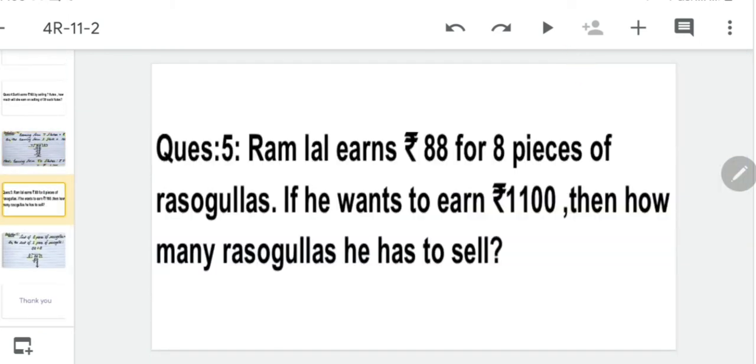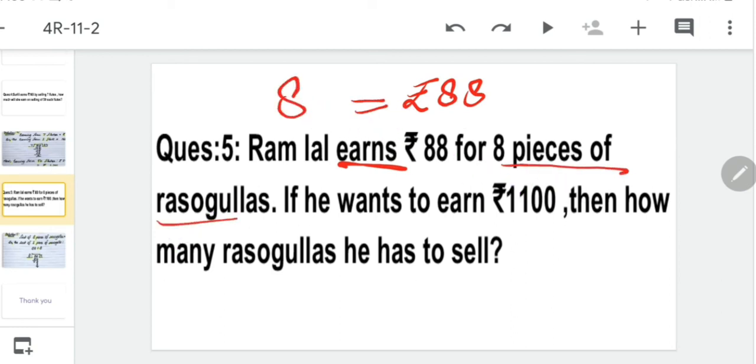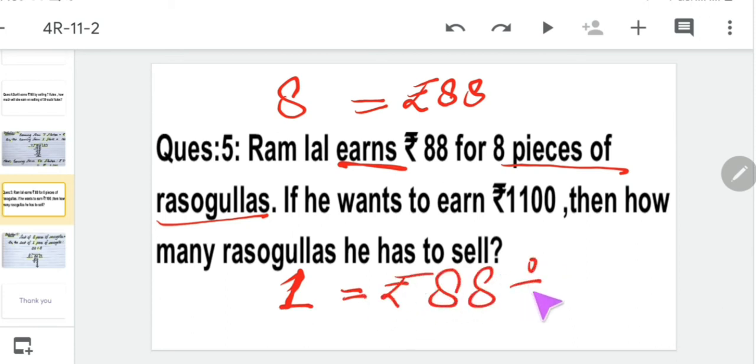Now the next question is, Ram Lal earns rupees 88 for 8 pieces of rasgullas. Means the cost of 8 pieces of rasgullas is rupees 88. So first we have to find the cost for 1 rasgulla. So how we can find? By dividing 88 with 8.